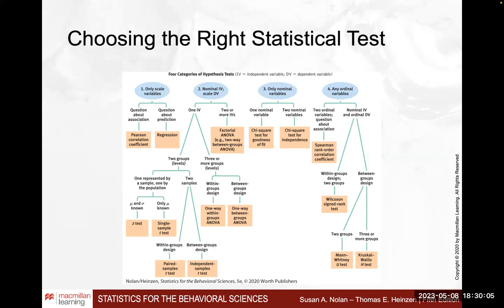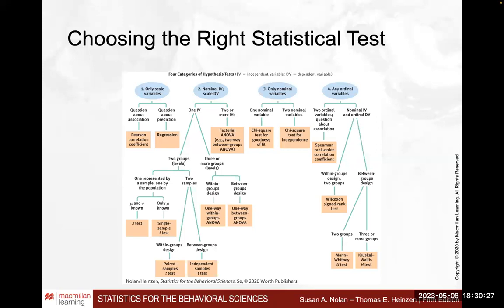If you have two nominal variables, which is now getting closer to the paper cup, the dependent variable was trash or recycling. The independent variable had three levels: name on it correctly, name misspelled on the cup, or no name on it at all.